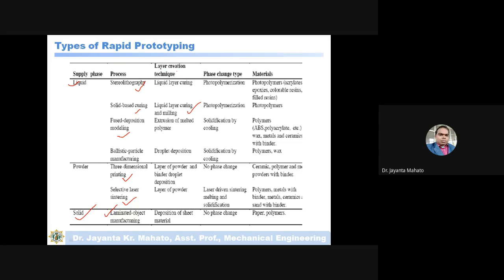These are the different layer creation techniques involved for different processes. Like in three-dimensional printing, layers of powder and binder droplet deposition techniques are used. In case of selective laser sintering, layers of powder techniques are used. So these are the different techniques for creating the layers.